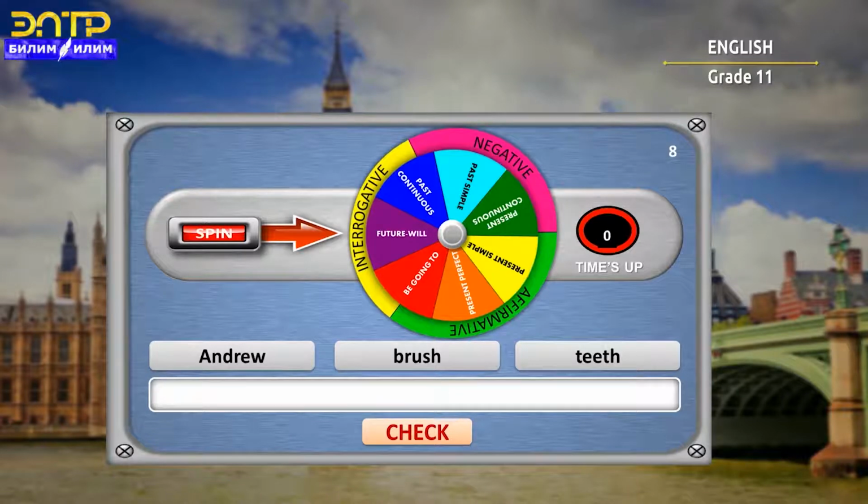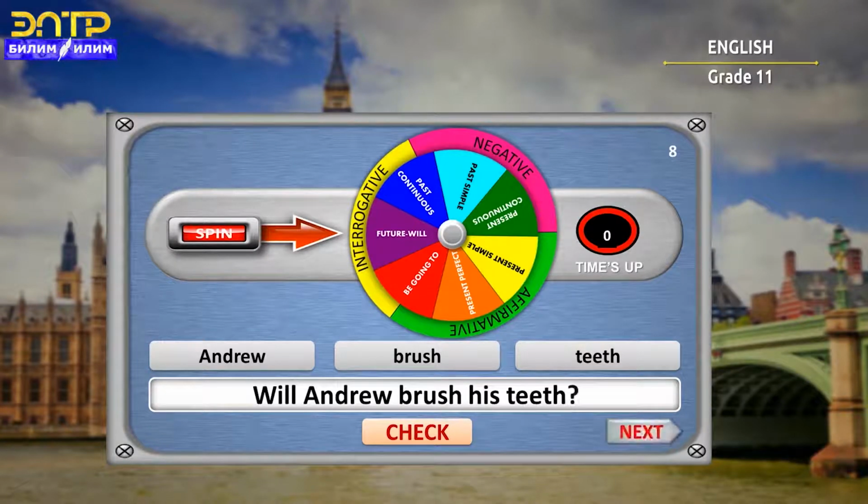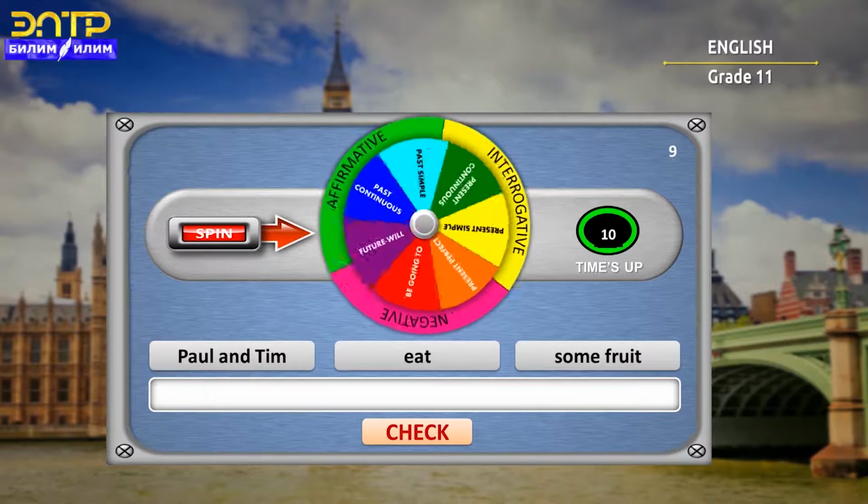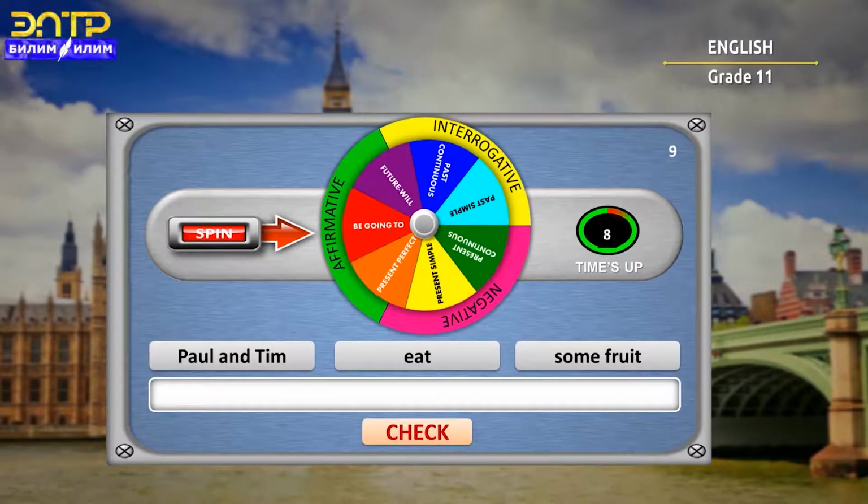It is a future simple interrogative sentence. Will Andrew brush his teeth? It is a positive sentence to be going to. Let's check.